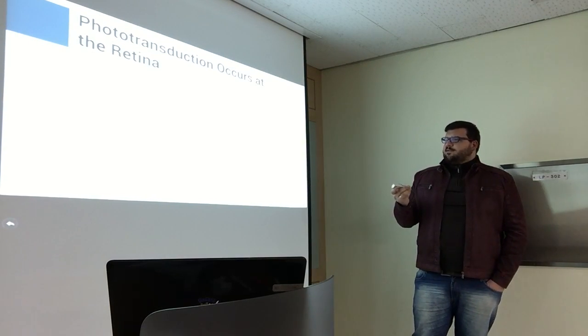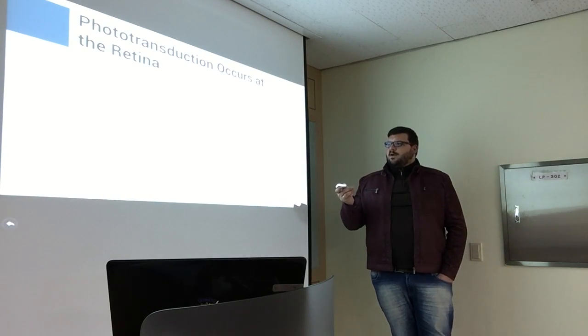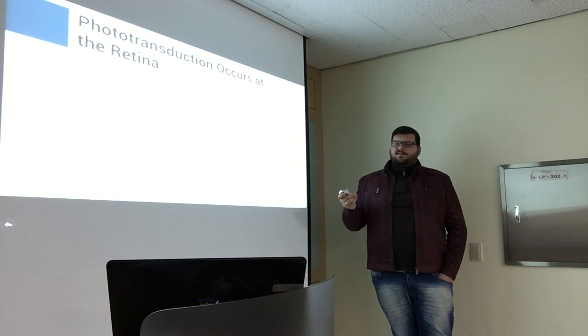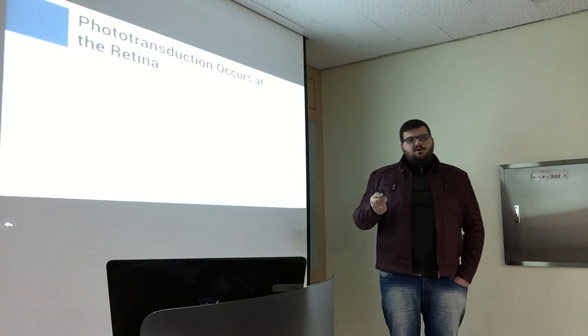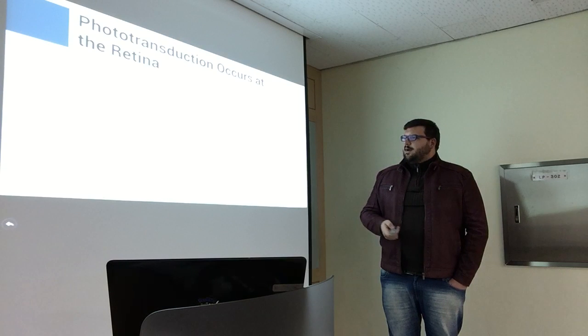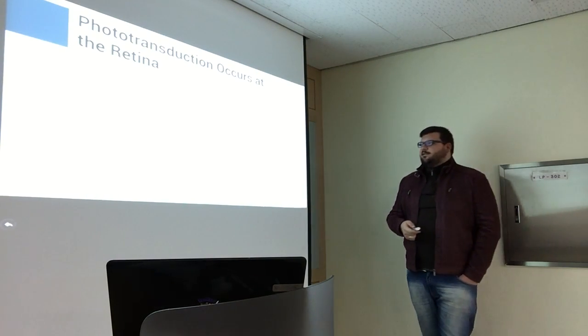The wavelength that we can see is from 400 to 750 nanometers. This is what a human eye can see. X-rays and gamma rays we cannot see.